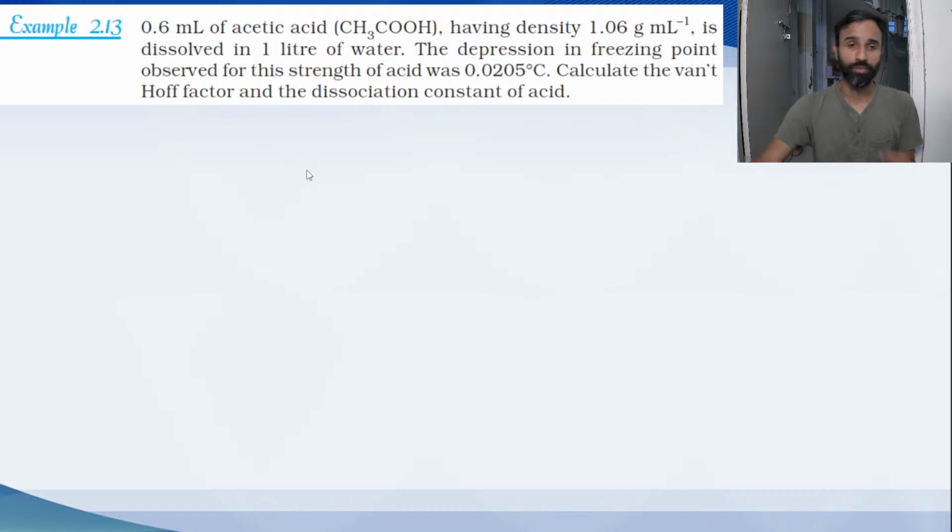Okay, last question. Actually, the 12th example we have done in our previous video. So this is the last question. 0.6 ml of acetic acid having density 1.06 gram per ml is dissolved in 1 liter of water.